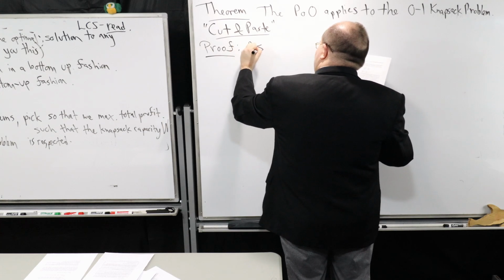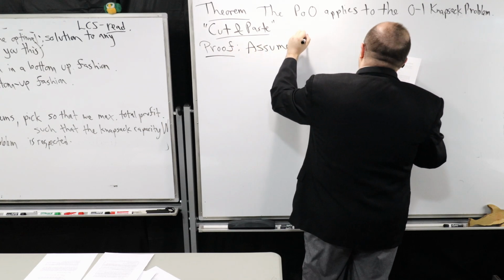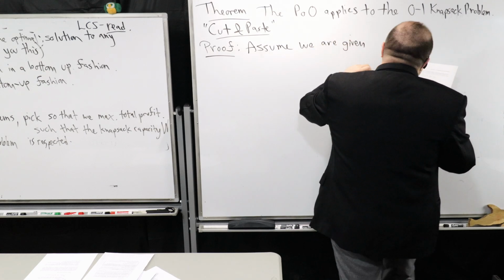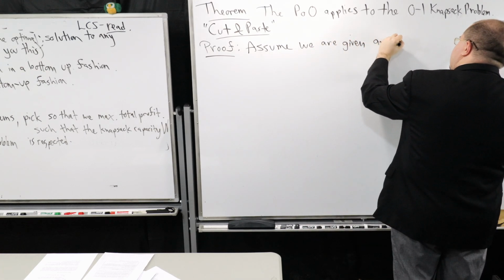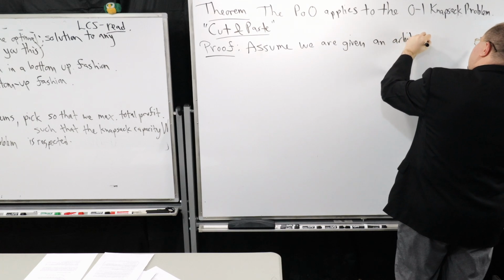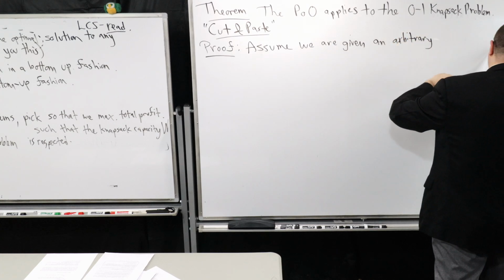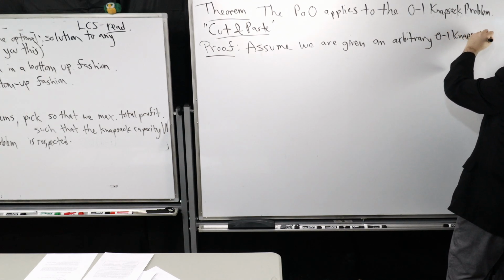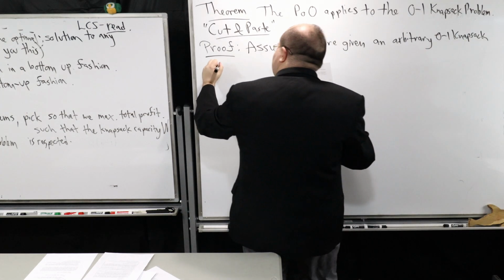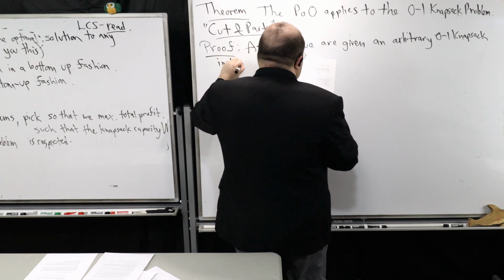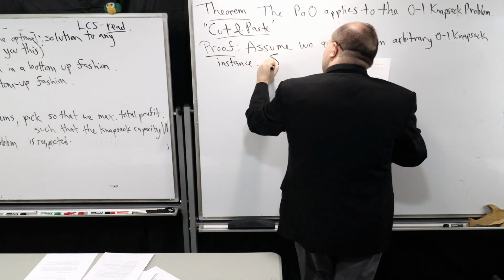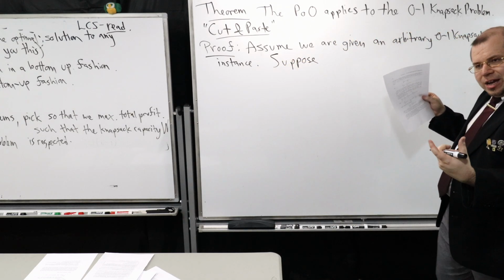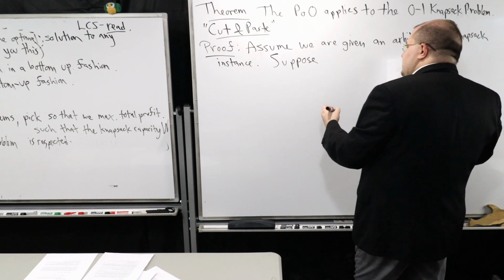So we're going to assume we are given an arbitrary 0-1 knapsack instance. Now remember, I encoded the solutions as an array or vector, however you would like to think of it.